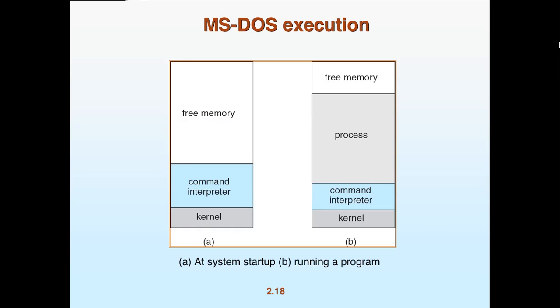From an MS-DOS execution perspective, we've got A and B running here, where A is at system startup and B is a running program. And what ends up happening is we get a bunch of processes that get loaded, and here's our free memory, kernel, command line interpreter. Think of this like the command line interface, and then we have memory.